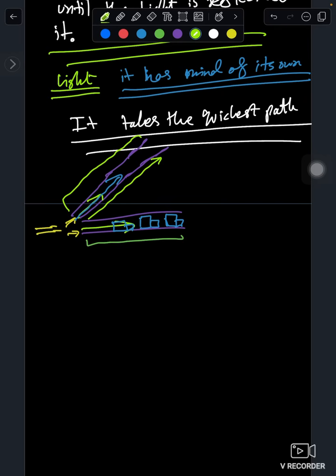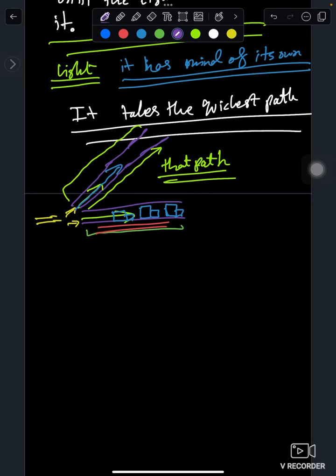So it makes sense: if this path is occupied and doesn't have space, light will on purpose travel the path with less occupation or fewer obstacles, which will let it reach its destination faster. So one more point, it's a fact: light takes the quickest path.